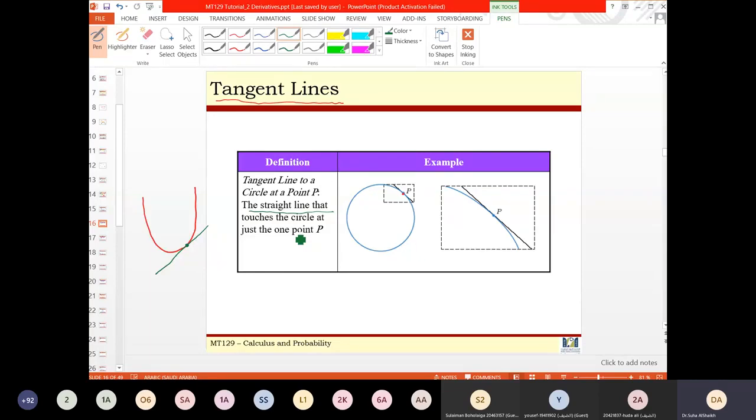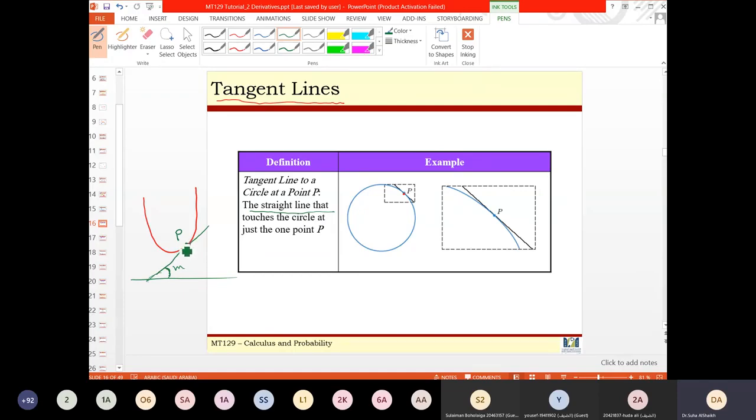Now the tangent line is very important for curves. A tangent line at a specific point has a slope, right? The slope of the tangent line at a specific point gives me the slope of the curve at this point.